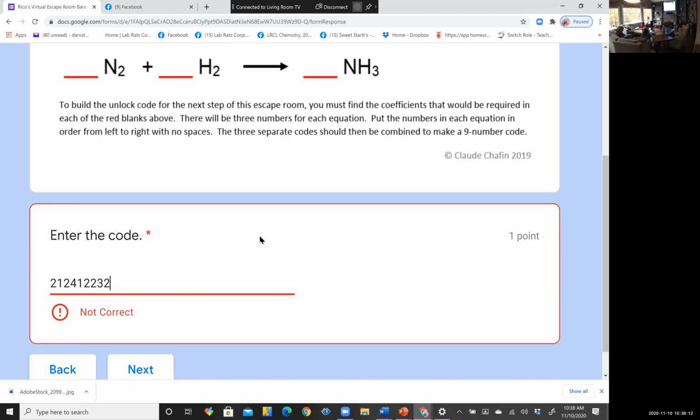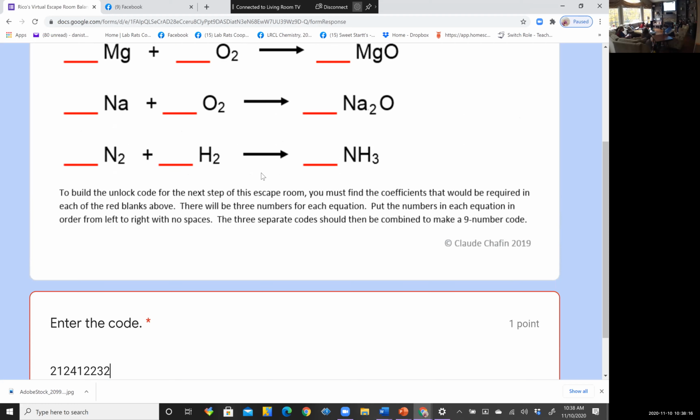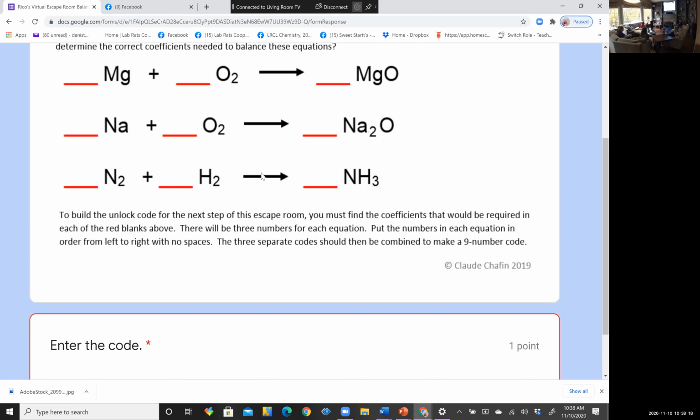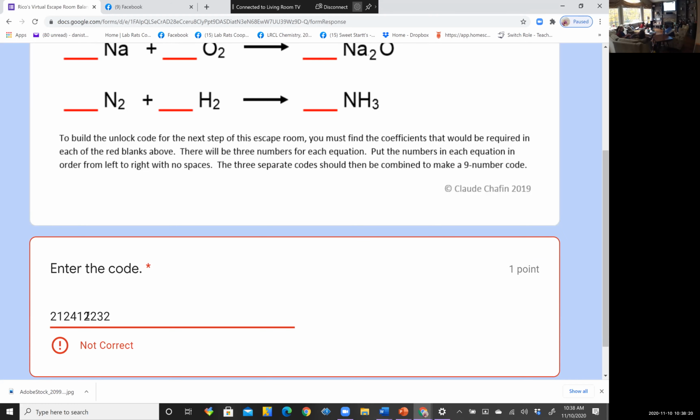You would multiply 1 times 2 because there's 1 N. For the last one, it would be 2, 3, 4. So the 2 times 3 gives us 6. That gives us 6. And then what were we saying here?